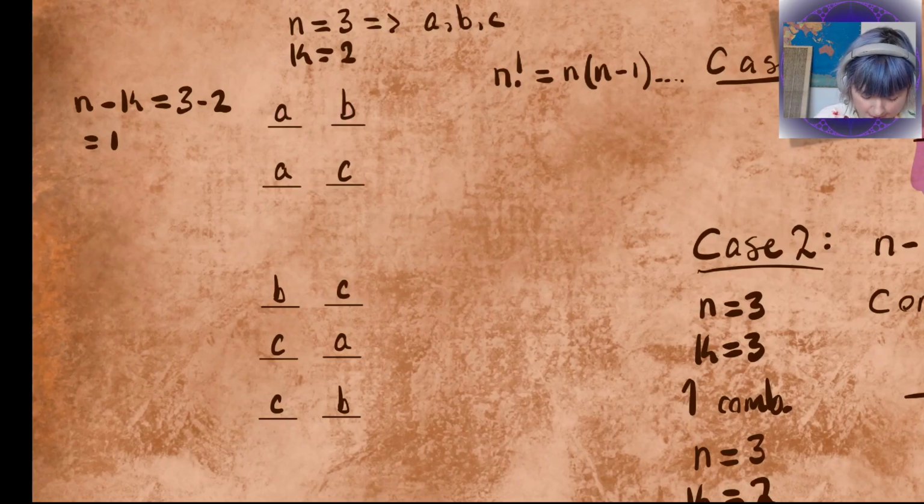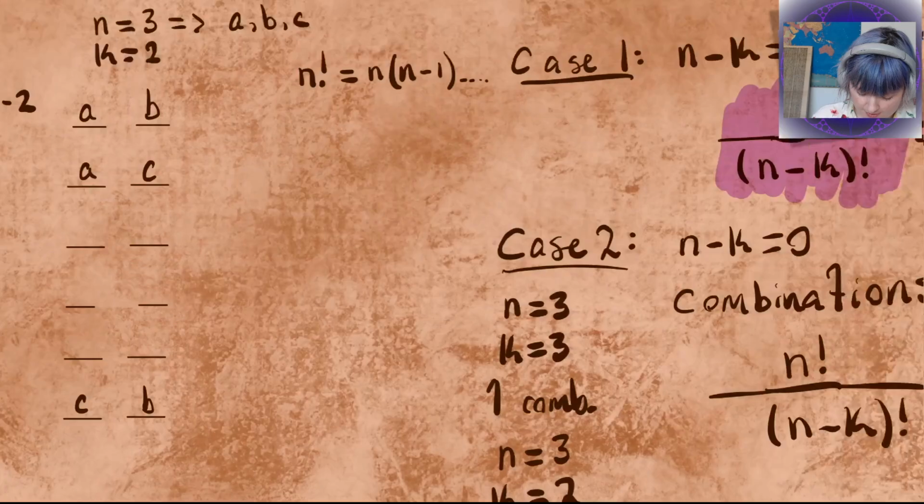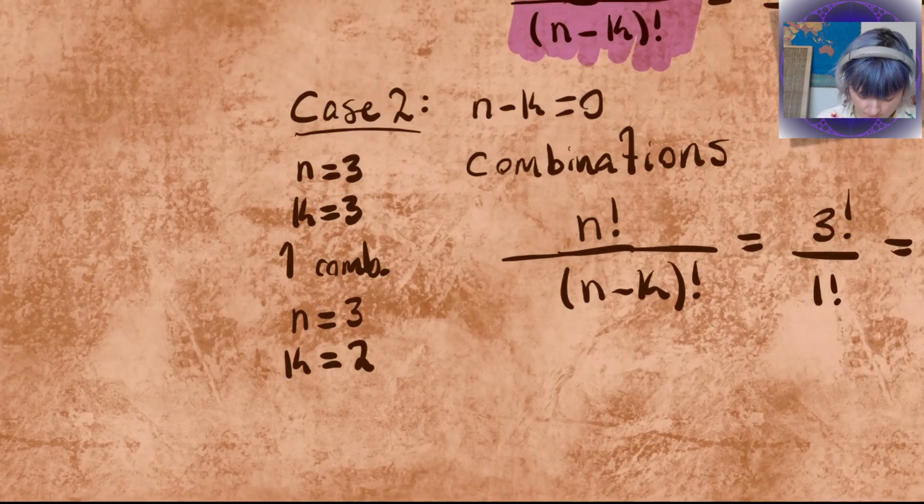We have to take away this one, because A times B is equal to B times A. That one is not unique, so I'm going to take it out. This is not unique, as B times C is equal to C times B, and for the same reason, we have to take out this C times A. So we actually have 3 combinations in this case.